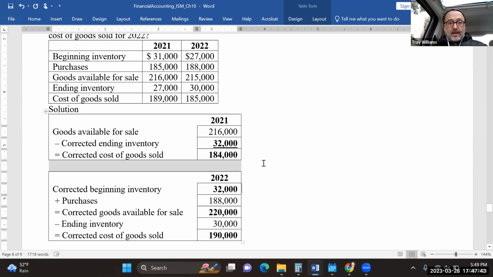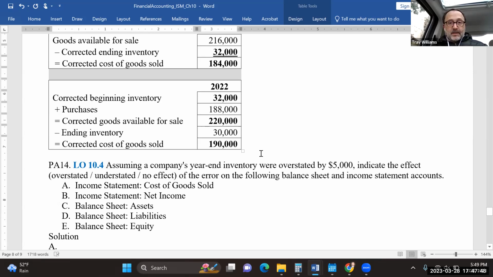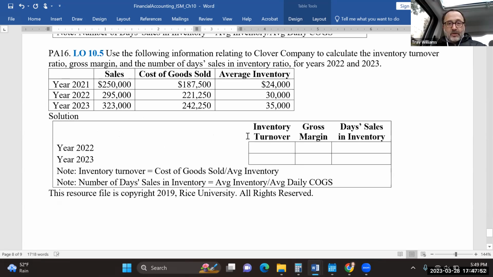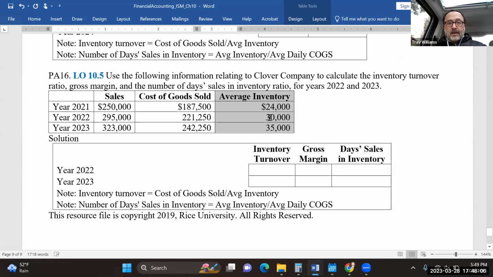And our last problem, number 16. Okay, this one is a ratio problem. Here they've already given us average inventory, so that makes our life a little bit easier. To get our inventory turnover for 2022, we take cost of goods sold divided by average inventory.